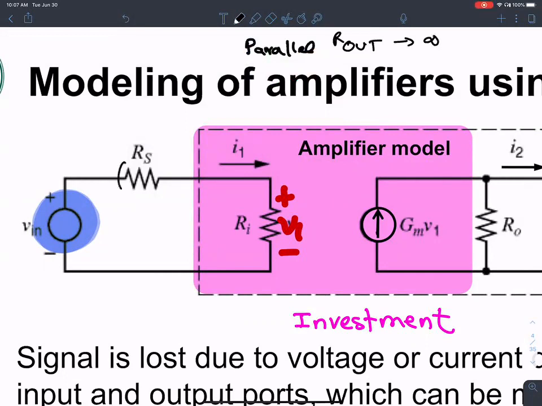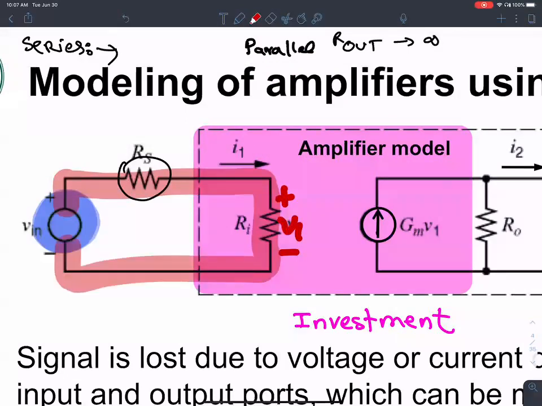How about the resistance in series? If I have any resistance in series, then I want that series resistance to be as small as possible. That way, the voltage dropped across that series resistance is small.